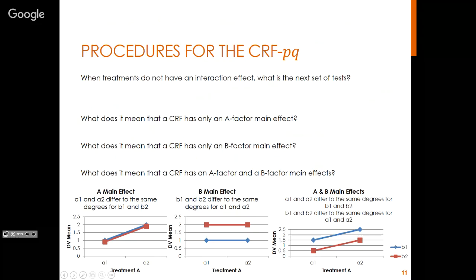Okay, so when we do not have an interaction, what did you say was the next test? Main effects. And main effects are kind of like two separate one-way ANOVAs.